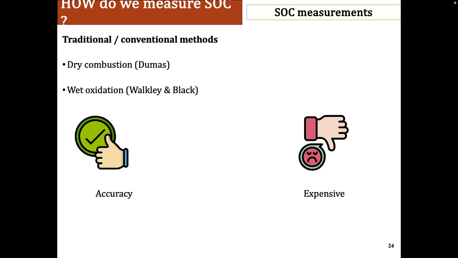But we use mainly the Walkley-Black method, which is the wet oxidation, which is less expensive than using that oven. Those methods are more accurate, but still expensive, even with the Walkley-Black.